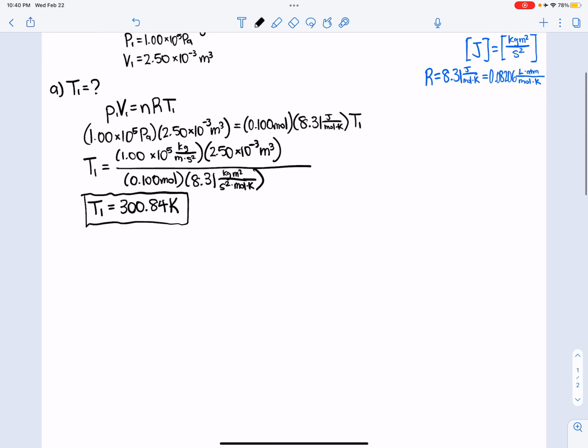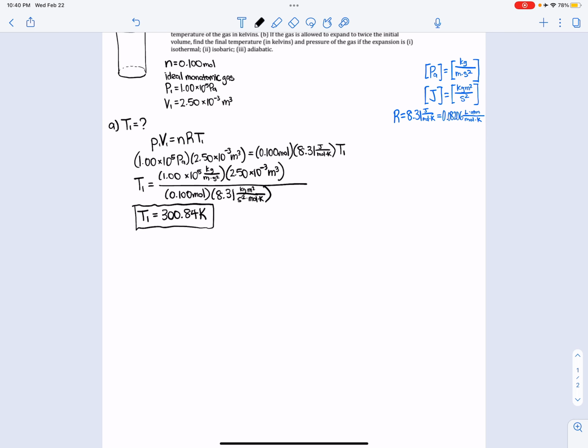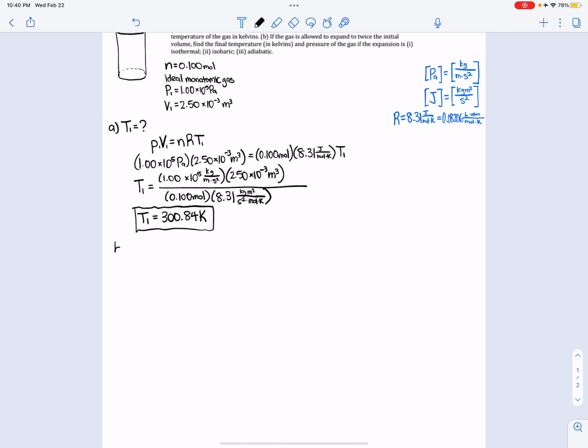All right. For part B, if the gas is allowed to expand to twice the initial volume, so the final volume, V2, is equal to twice the initial volume, or 2V1.